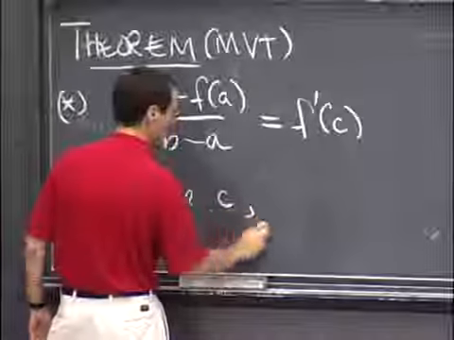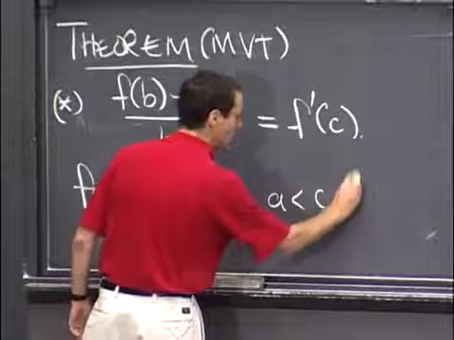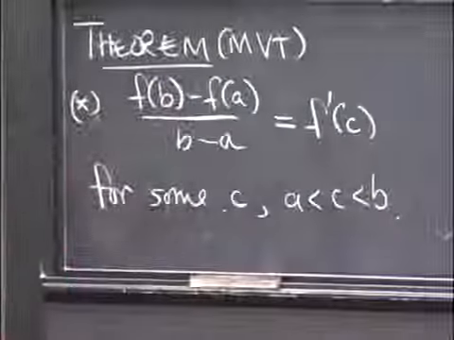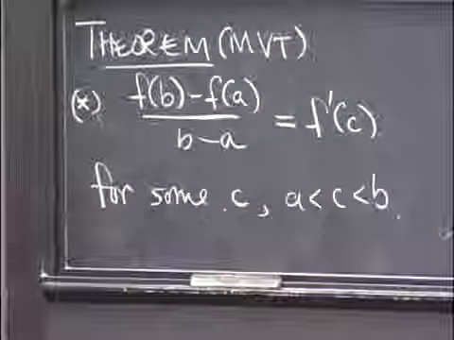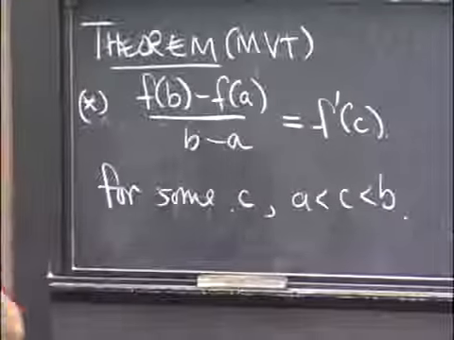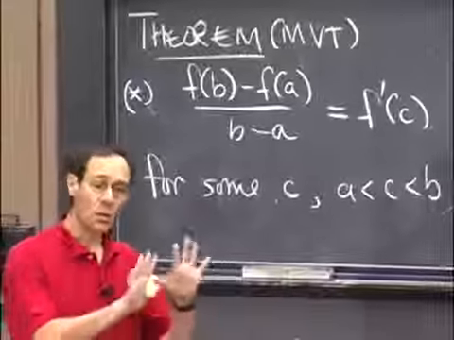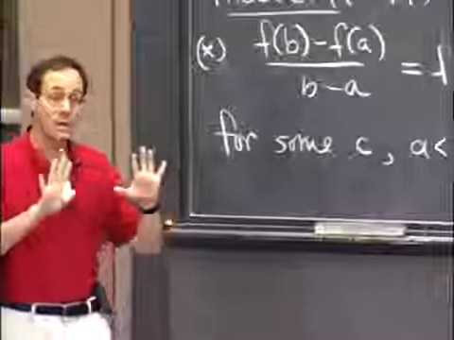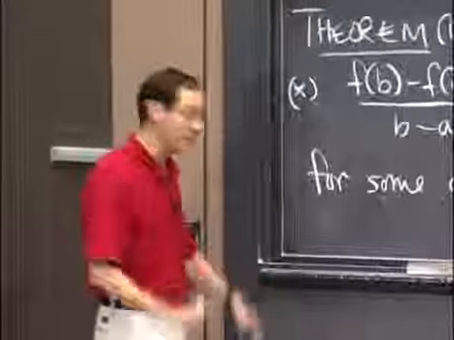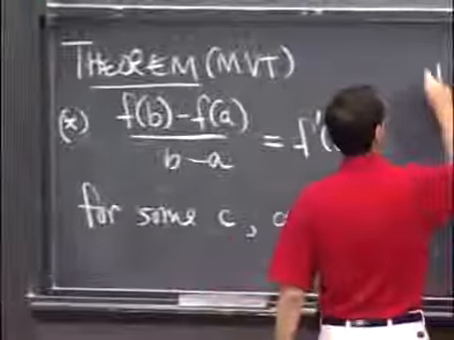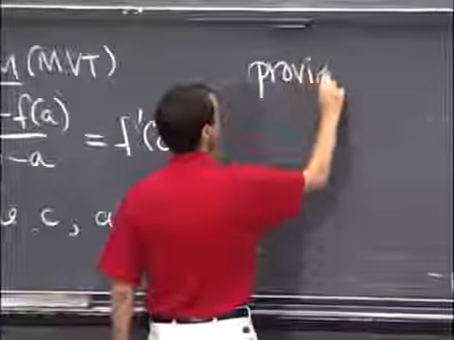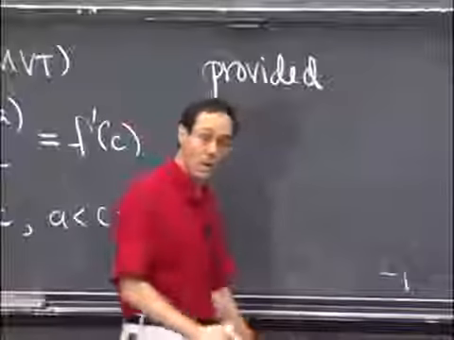So some c, which is in between a and b. I'm not quite done. It's a real theorem. It has hypotheses. I told you the conclusion first, but there are some hypotheses.